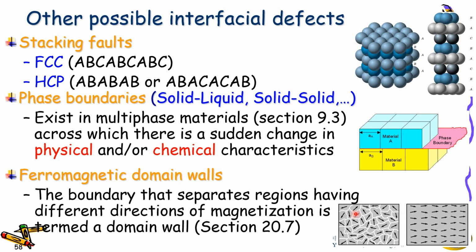Before the magnetic field, the domains are randomly distributed in the material. But once you apply a direction of the magnetic field, the domains will change direction, right? To follow all the same direction. Okay, this is what we call magnetic domain walls. And this is another type of defect. Okay?